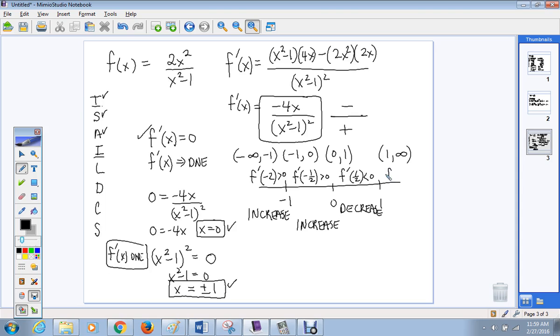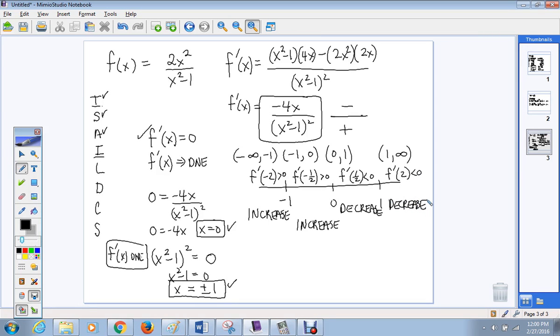And the last interval, f prime, let's choose 2. And again, if we plug 2 into our function, the denominator is going to give us a positive value. But if we plug 2 into the numerator, we get negative 8. So it again is going to be decreasing on this interval from 1 to infinity.